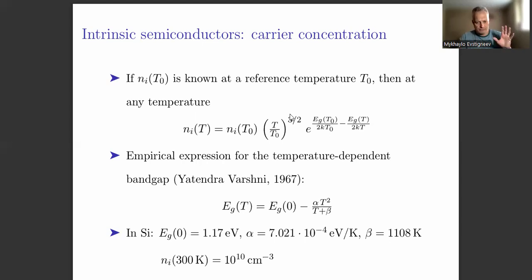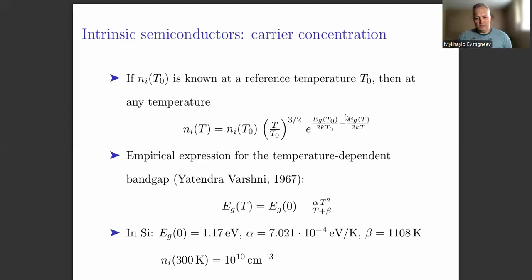So at temperature T0, it is something times T0 to the power 3/2. At the temperature T, it is something times T to the power 3/2. So you need to multiply by T over T0 to the power 3/2 to recalculate from T0 to T.